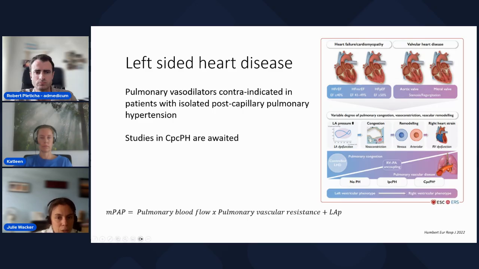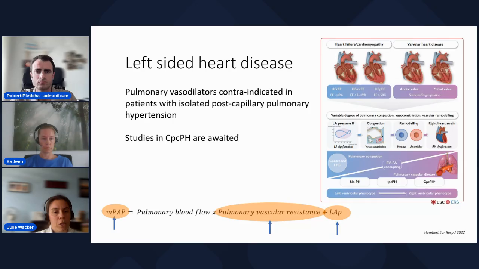However, there is a proportion of patients that not only have an increase in the LA pressure, but can also have an increase of the pulmonary vascular resistance, because at some point this post-capillary component provokes some changes in the pulmonary arteriole, and you also have a pre-capillary component that coexists with that.